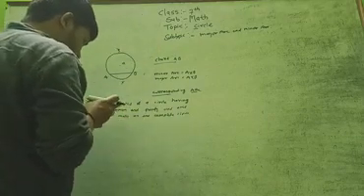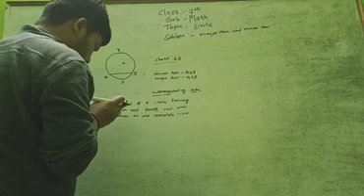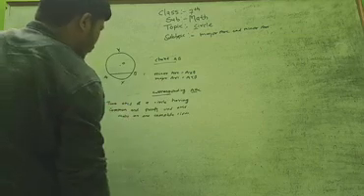Then these arcs are called corresponding arcs. These are the mutually corresponding arcs.